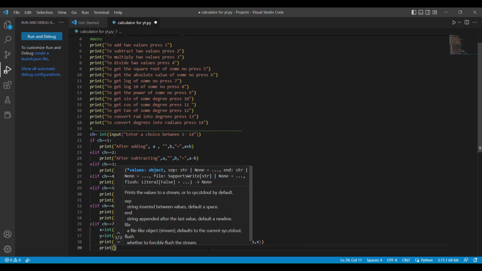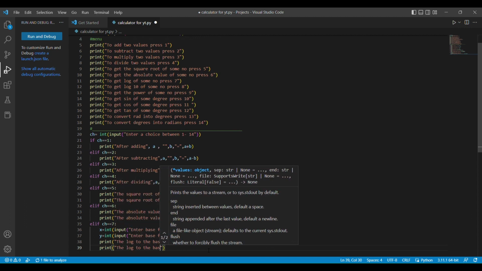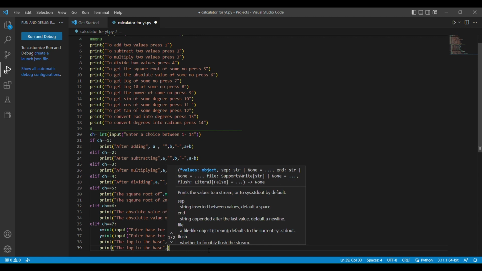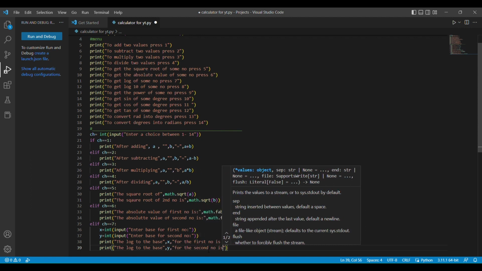Okay, now print the log to the base comma y comma for the second number is.